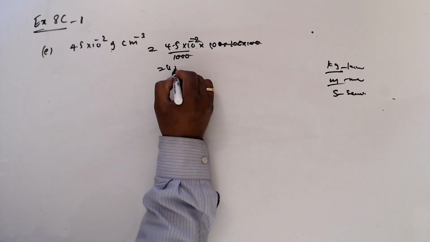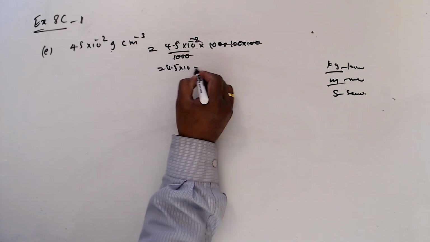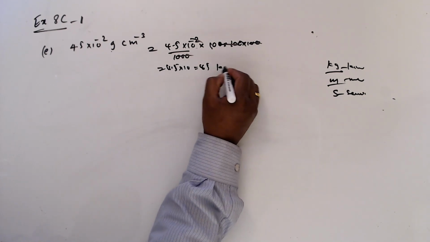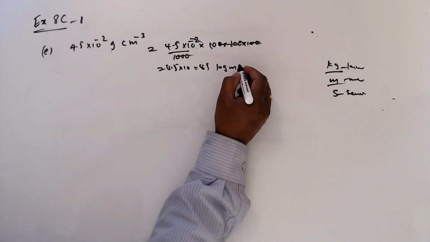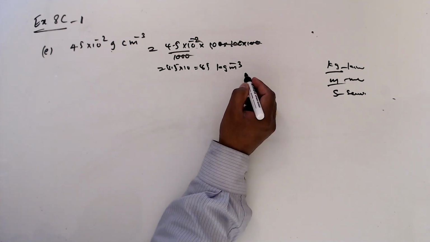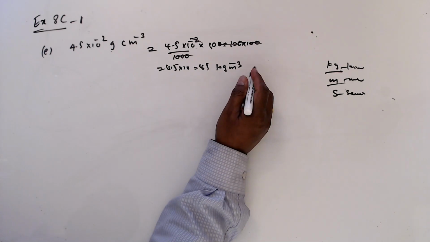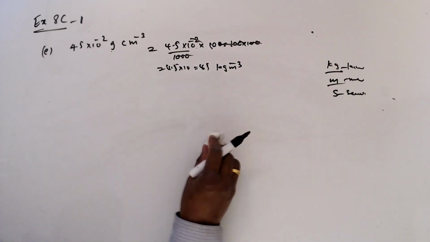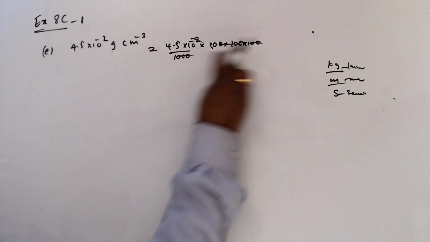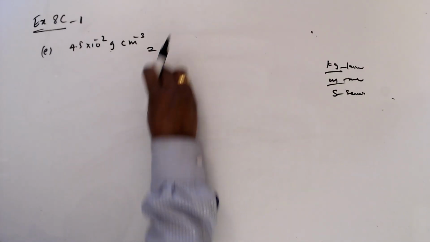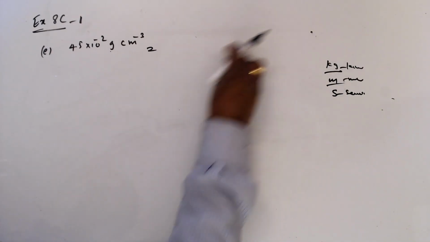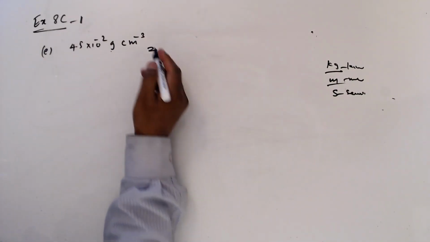So 4.5 multiplied by then 45 kg m minus 3. So I'm not going to do like that. If you can, otherwise we'll work with the simple mode.